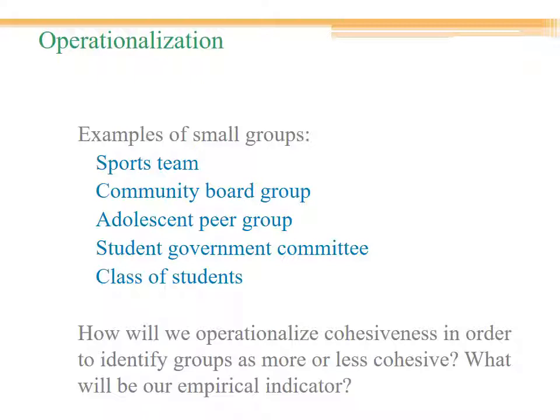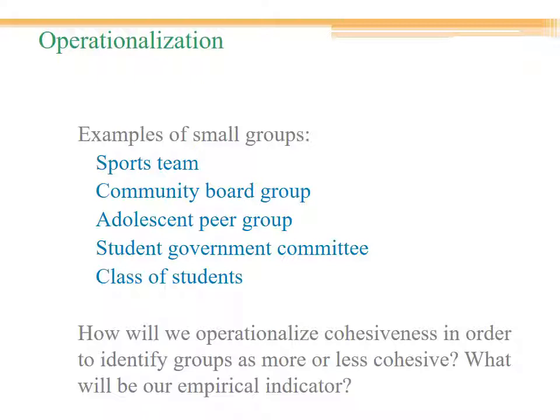Here are some examples. So sports team, as I mentioned already, a community board group, an adolescent peer group, a student government committee, and a class of students. Did you come up with something similar, or maybe a small group that we can add to this list? So now we have a list of small groups that we could research.